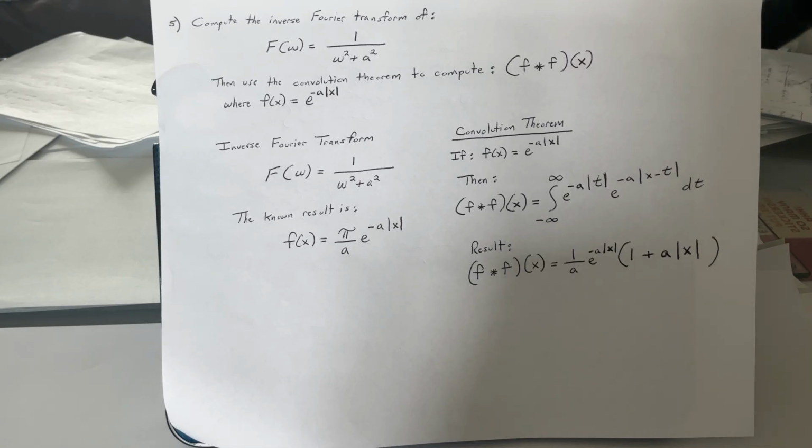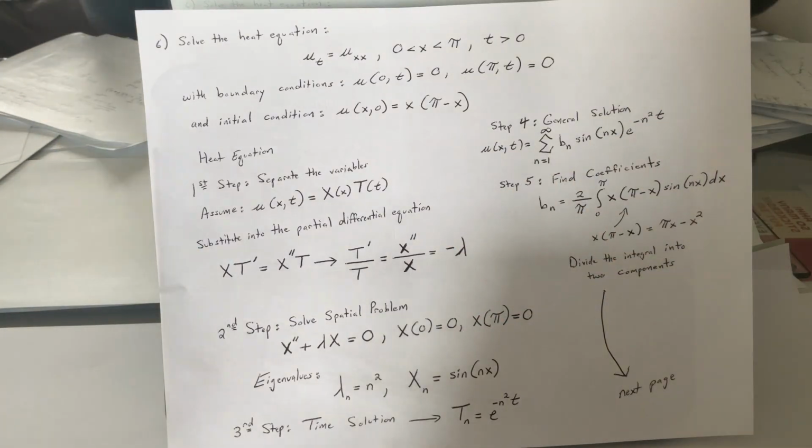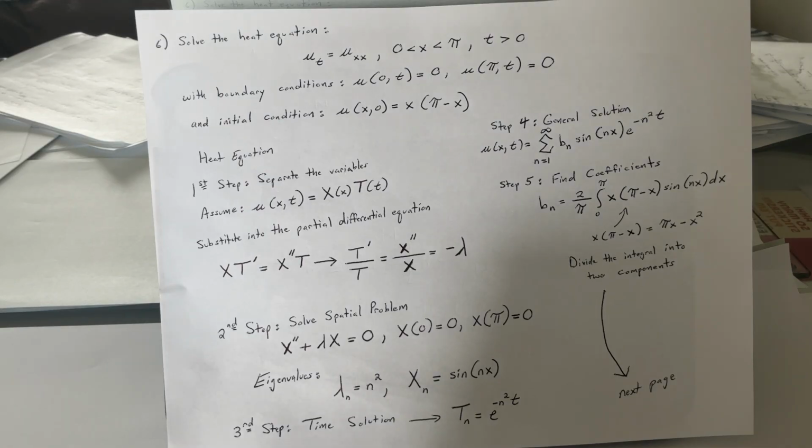And now we go to, I think this might be number 6, might be the longest problem in the exam, number 6 in the practice exam. Okay, so here we have the heat equation application. So we have partial differential equations, PDEs here. So solve the heat equation.